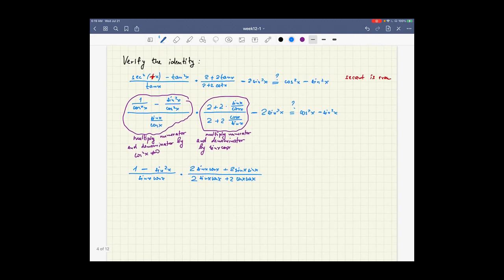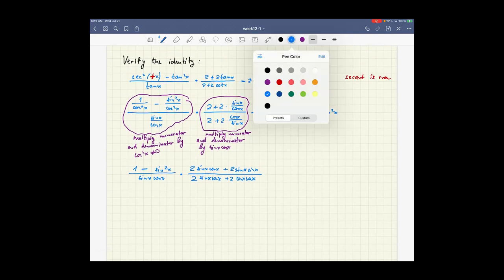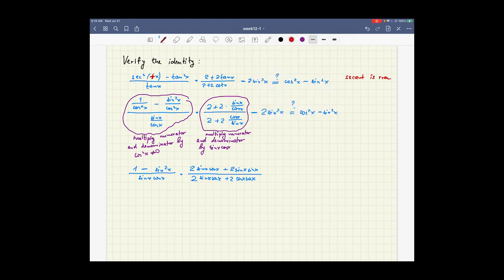We should have done that immediately. We can get rid of the 2's. There's no need to carry them around. The rest of the expressions stay as they are.